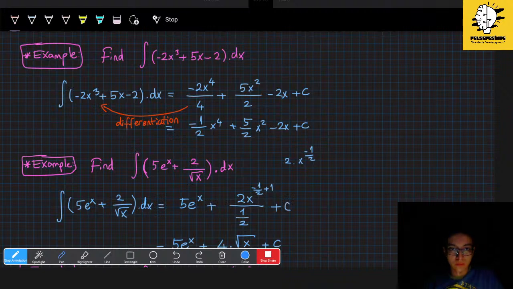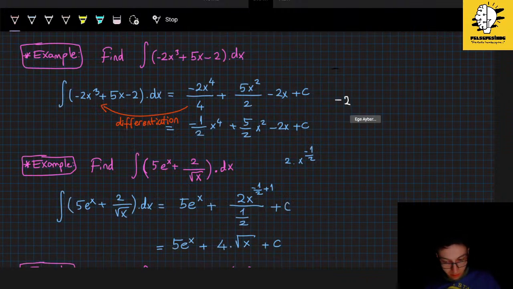So let's look at the first example, okay? We are given our function and it asks us to integrate with respect to x. As we said before, we can write minus 2 plus x, but we have to add 1 to the power, right?